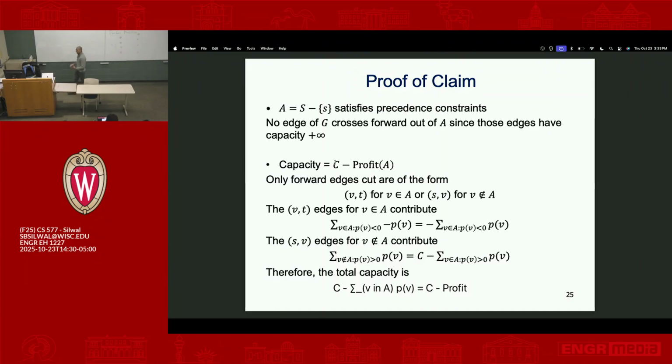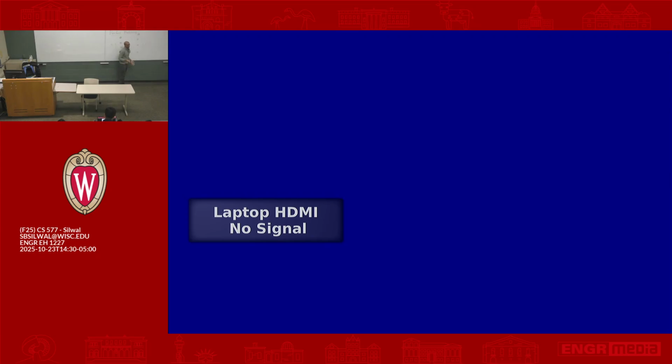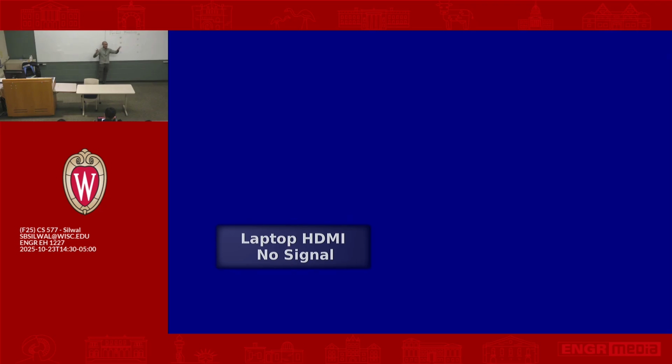The question is, when is it possible to match every student with an item? If I have the same number of students as items, a perfect matching means every item goes to one student and every student goes to one item. It's like a perfect harmony. That's called a perfect matching.